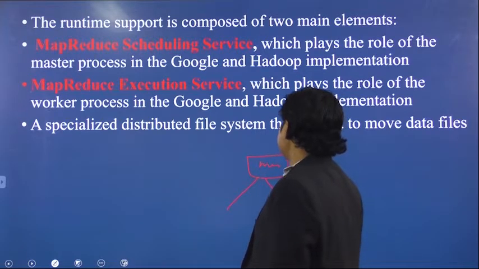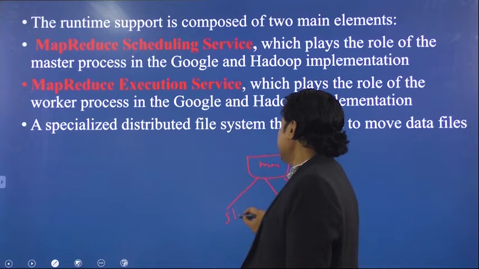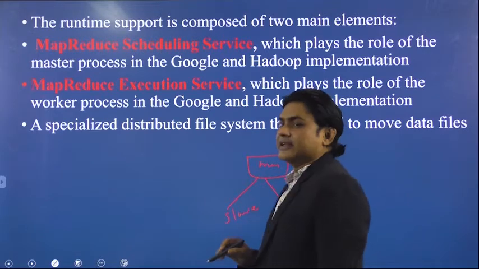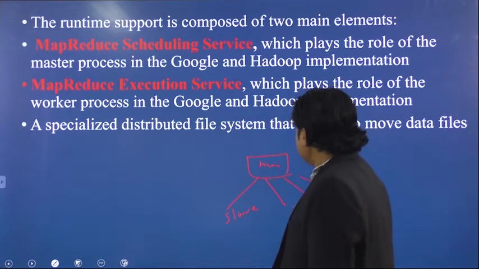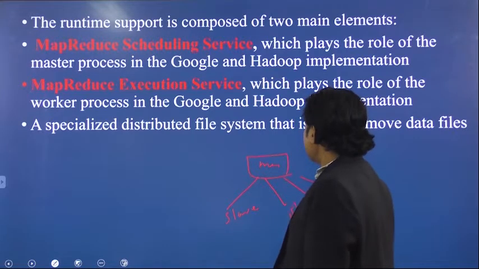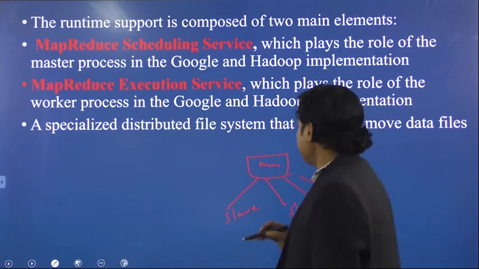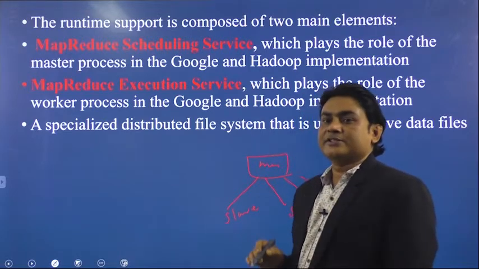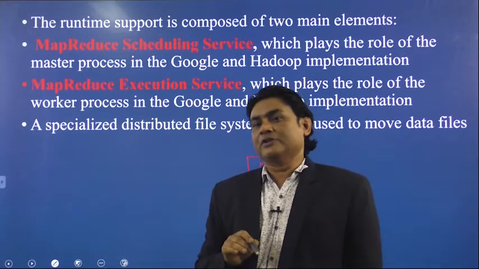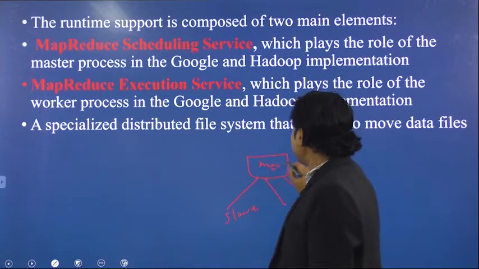This is called the master-slave relationship. Here the master has control over the slaves, so whatever instruction the master passes is executed by the slave.